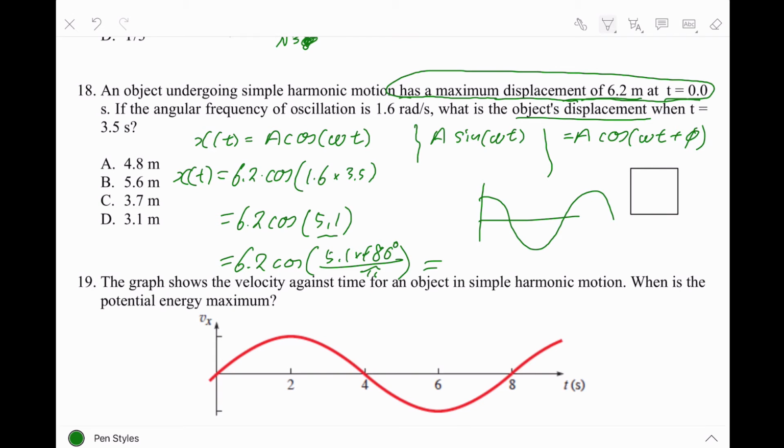So 5.1 multiplied by 180 divided by pi is 292.2. So this is cos 292.2 multiplied by 6.2. So it's 2.3. Something is wrong. It's 5.6, yeah, it should be. I'll try again. What's wrong?